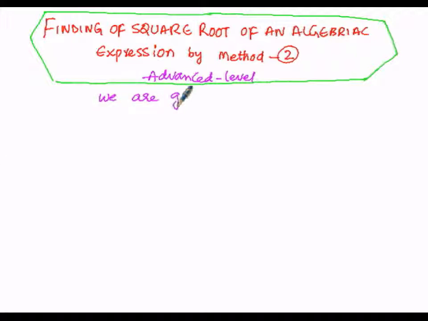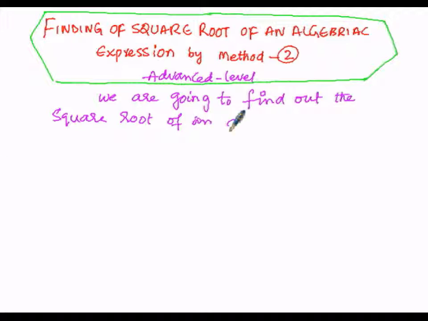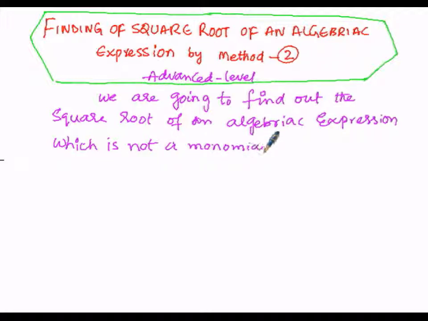We are going to find out the square root of an algebraic expression which is not a monomial by the second method, that is the division method.